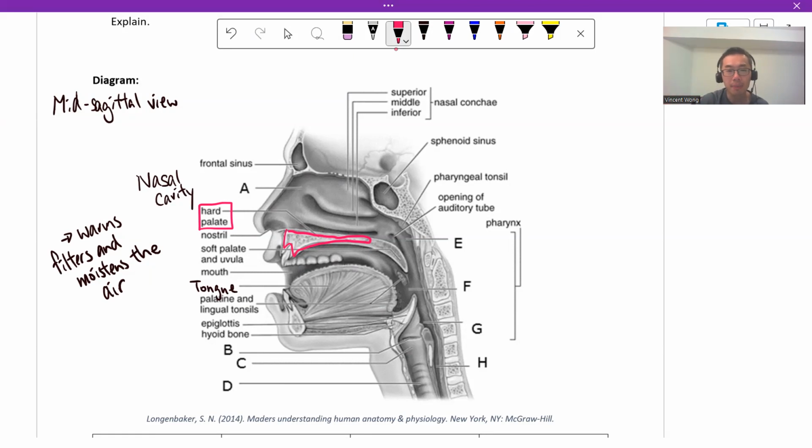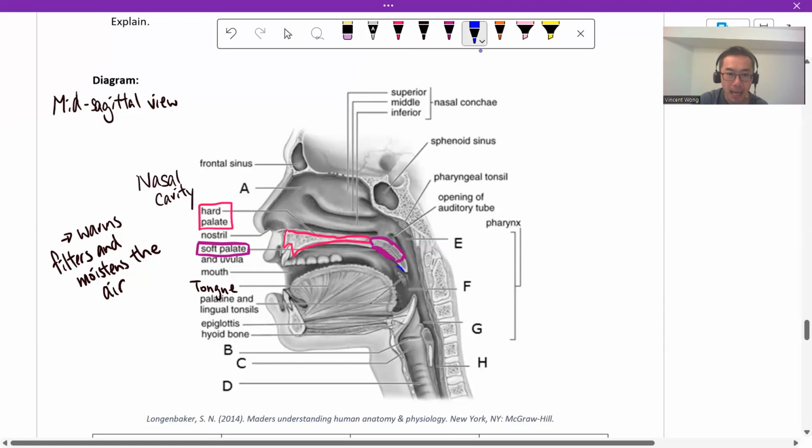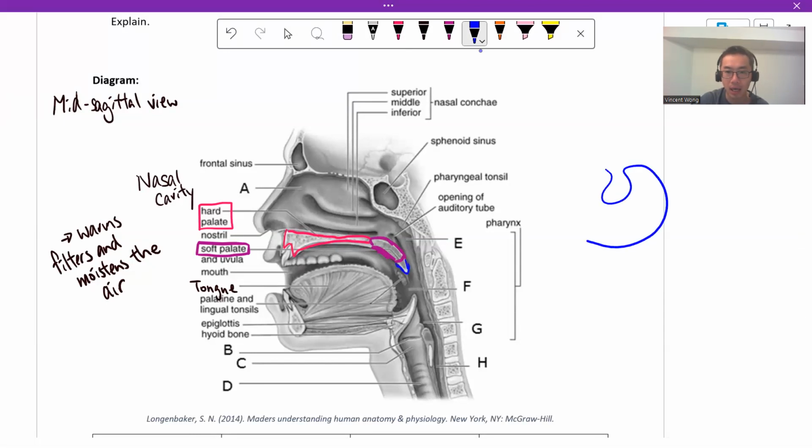If you curl your tongue back, it feels softer. Right? So this part right here, that's softer. That is the soft palate. And at the very back, there's a thing that's dangling there. Like if you look into the mirror and you say, ah, there's the thing that dangles at the back. That is the uvula.